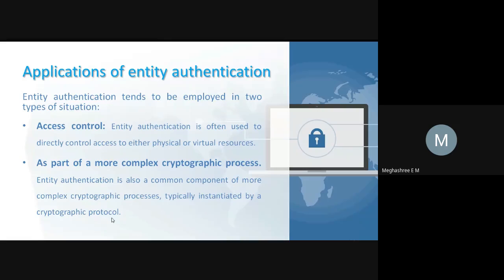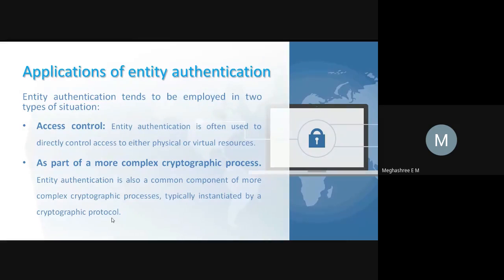Cryptographic protocols are like Kerberos, which you studied in the previous semester, the point-to-point protocol, and Internet Key Exchange, and many more, right? So whenever you use these protocols, entity authentication is also required.